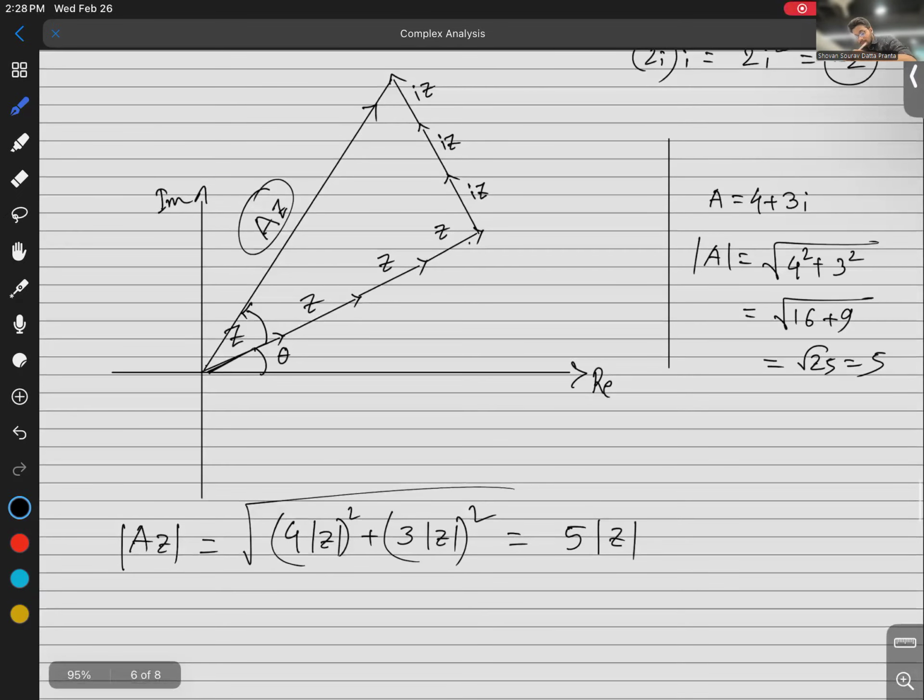So here the angle of a will be tan inverse 3 by 4. And after multiplication by a, this angle is moved by our angle, tan inverse 3 by 4.